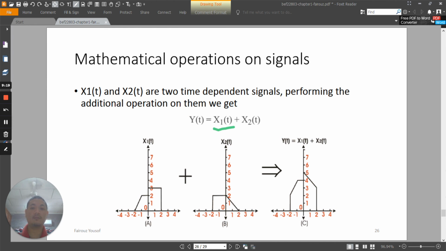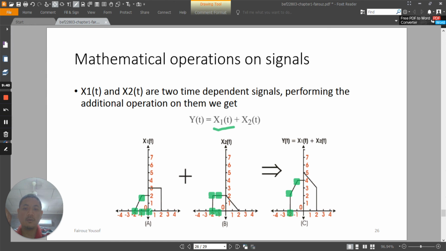The way to do this is fairly easy. Just look at one by one every t. At 2 we have 0 and at 2 we have 2, so the total is 2. At 1 we have 1 and at 1 we have 2, so 1 plus 2 is 3.